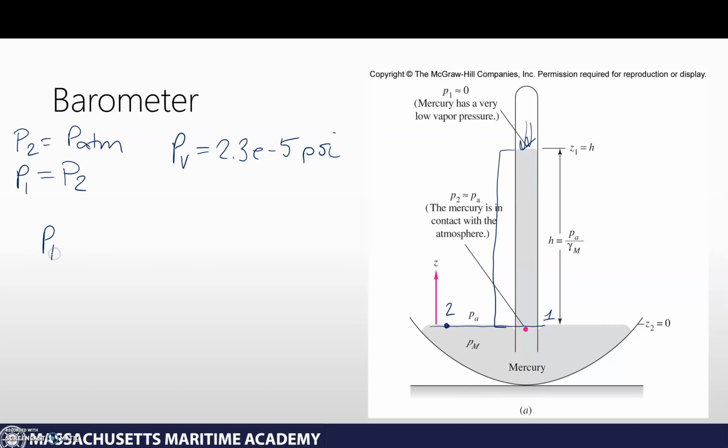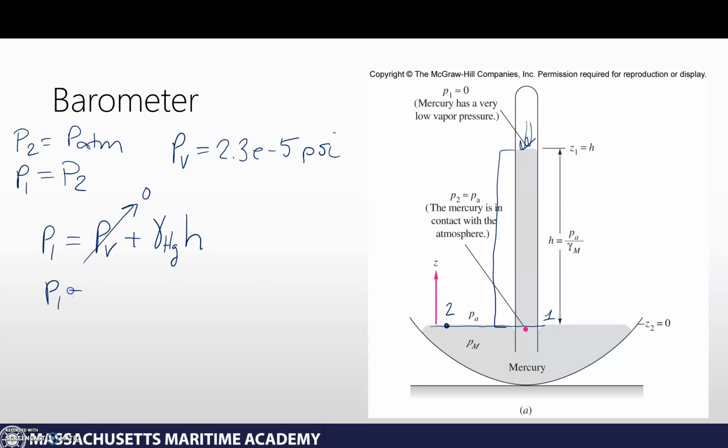So the pressure at point 1 is going to be equal to that vapor pressure of mercury, because that's what's pushing down on top of the column, plus the hydrostatic force of the column of mercury, so gamma of mercury times the height of that column. Now, we've said that the vapor pressure of mercury is basically 0, so that's going to knock out.